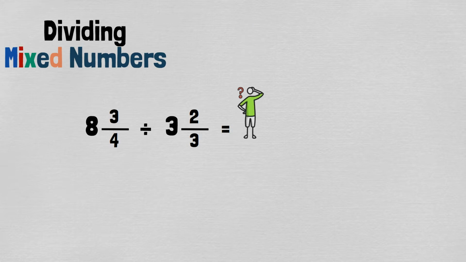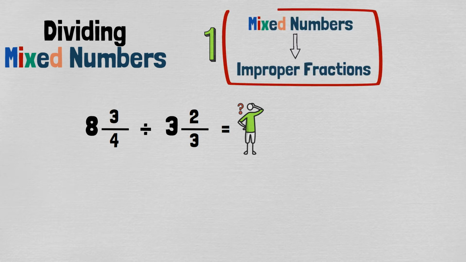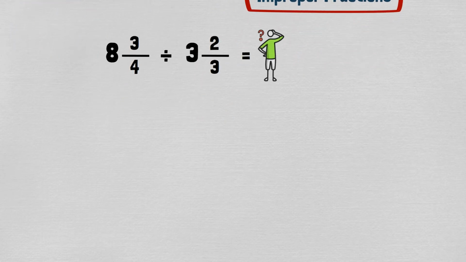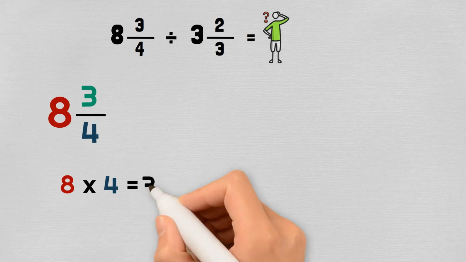Our first example is 8 3/4 divided by 3 2/3. In order to find the quotient, we first turn each mixed number into its equivalent improper fraction. For the first number, we take the whole number 8 and multiply by the denominator 4. 8 times 4 equals 32.